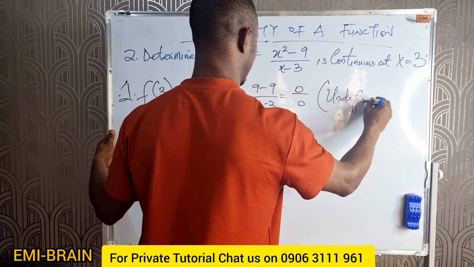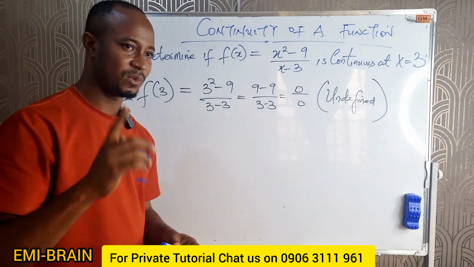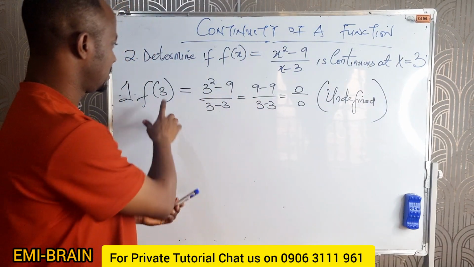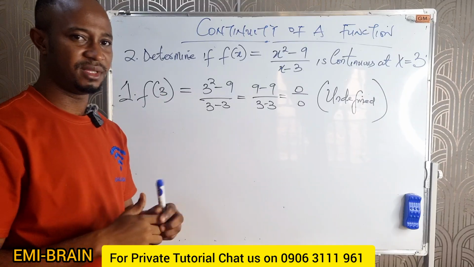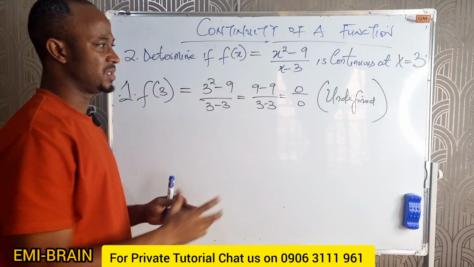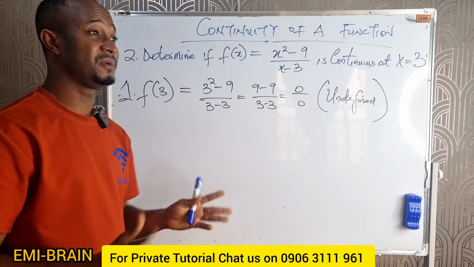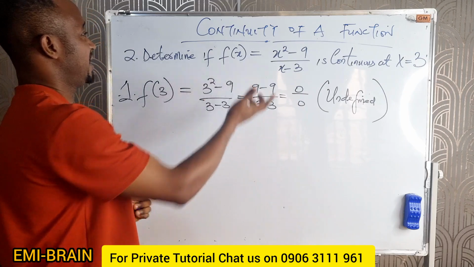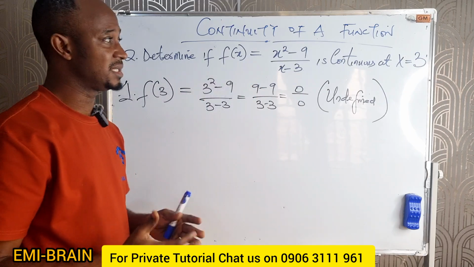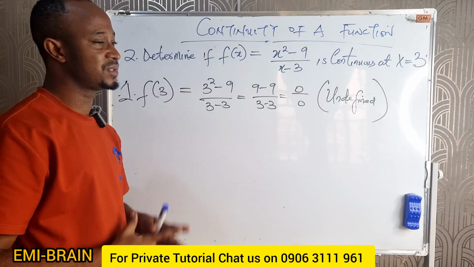That means condition 1 failed, because condition 1 says that f of a must be defined, but here we have an indeterminate form, which is an undefined form. Since condition 1 failed, f of x is not continuous at x equals 3.